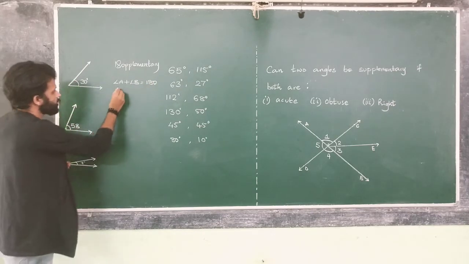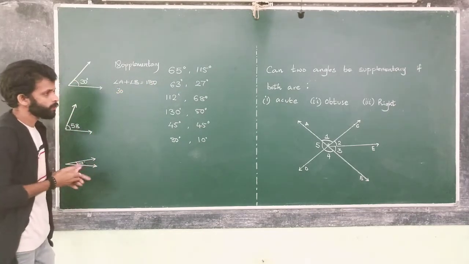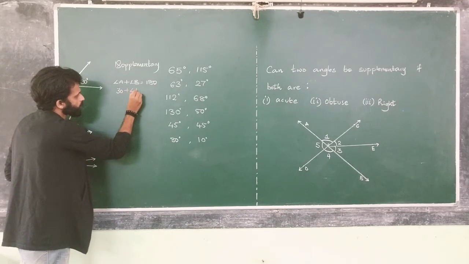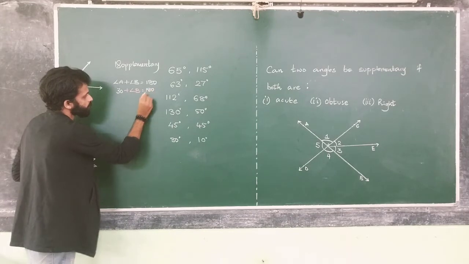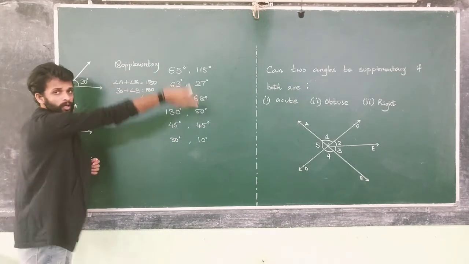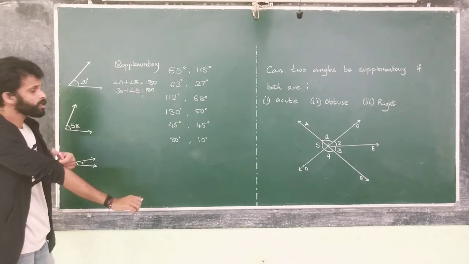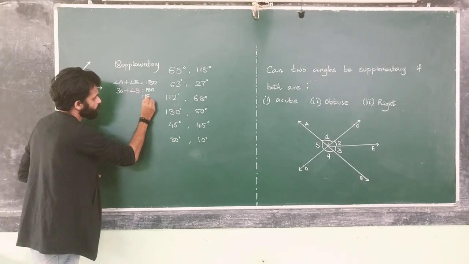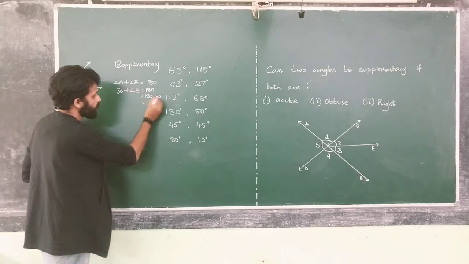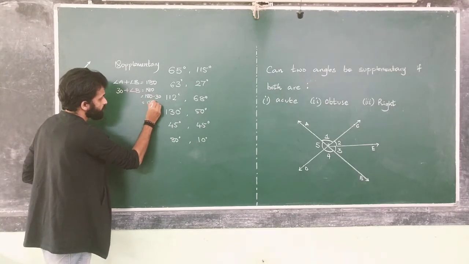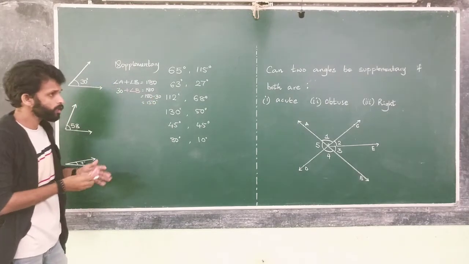So first angle is 30 plus this angle B is equal to 180. So 30 taken to the other side will be minus, so 180 minus 30 will become 150.